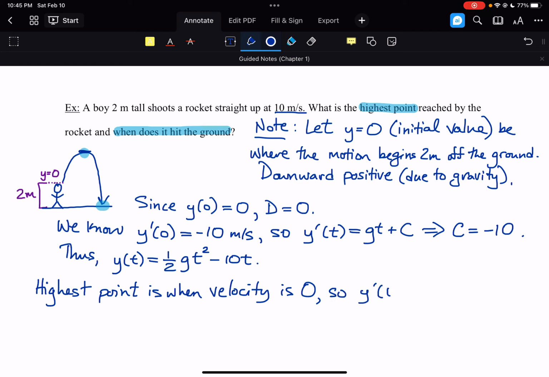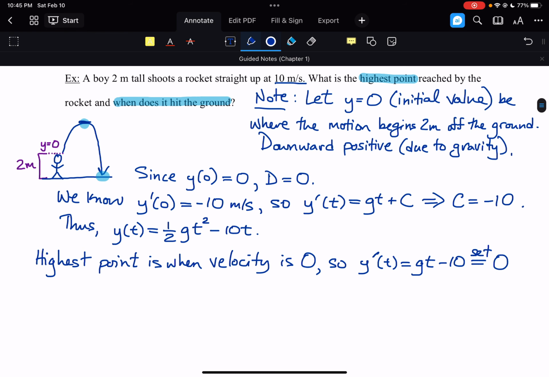So if we take the derivative, so that's the velocity, that was gt minus 10. Set that equal to 0. We're going to get t to be 10 over g.